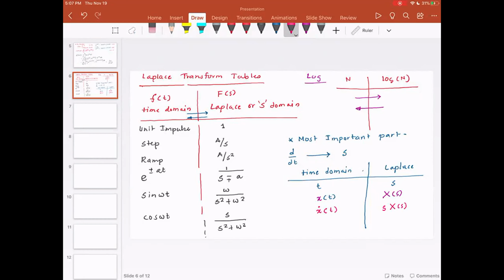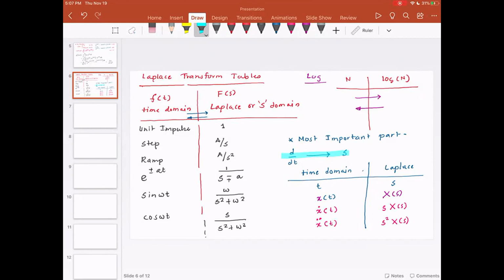If I take the second derivative, x double dot in time domain becomes s square x of s. So what I want to say is this. This is the most important thing that you should remember. In time domain, differentiation is represented by d by dt.